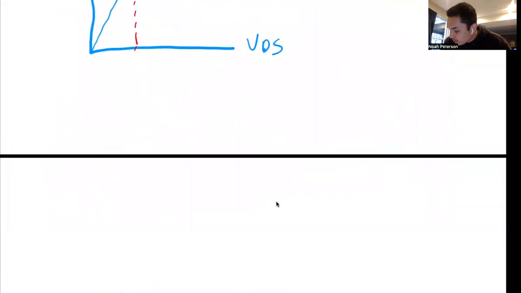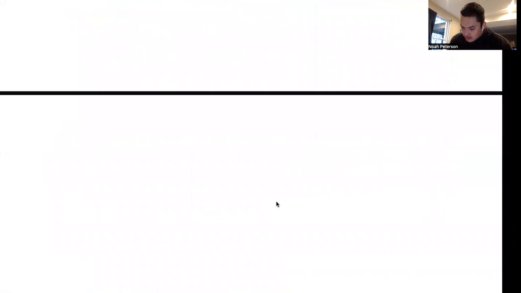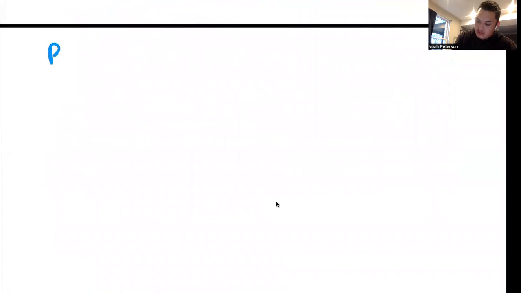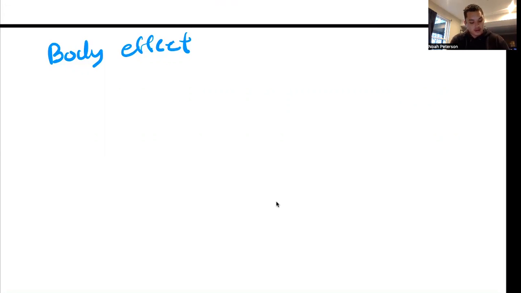So we talked a little bit about body effect. All body effect is, is an increase in your threshold voltage, which increases the effort to turn on the transistor.